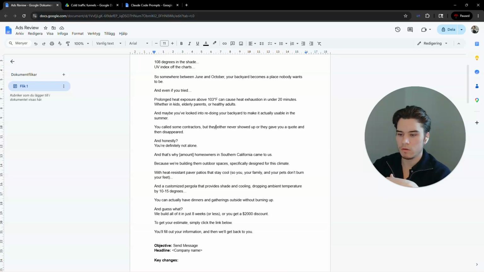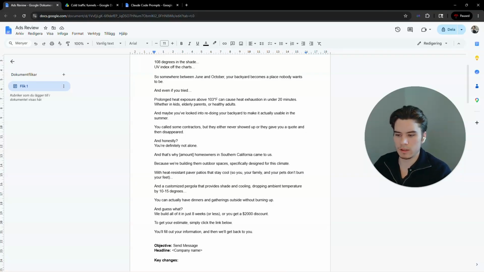And so now we're getting into the services, but we're tailoring the benefits to the specific situation and the problem, right? There's plenty of things that you could say about paver patios, right? There's plenty of benefits that you can draw from it, but we want to draw the specific ones that are most relevant for the situation.